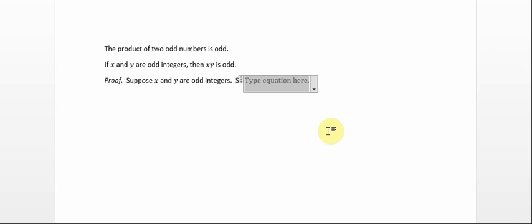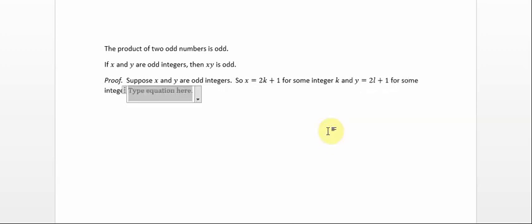So since x is odd, I can write x is 2k plus 1 for some integer k. And now y is also odd. So I'm going to write y equals, now I have to be careful here. It can't be the same k. It's not necessarily the same k, but it's 2 times something else. I'll just use l: 2l plus 1 for some integer l.